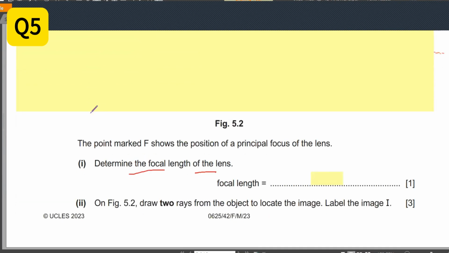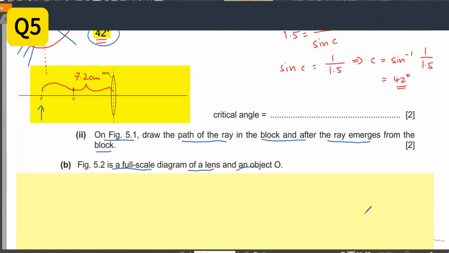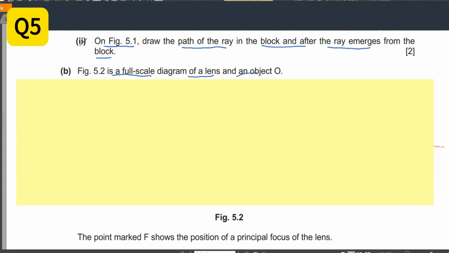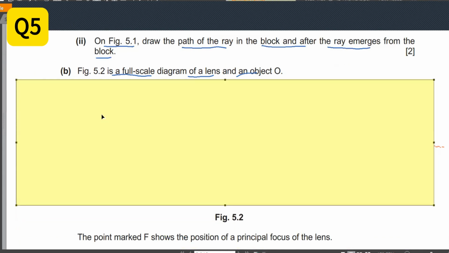Second question: draw two rays from the object to locate the image. Label the image I. We need to locate the position of the image, so this is our object here. This is how we can draw the ray diagram.